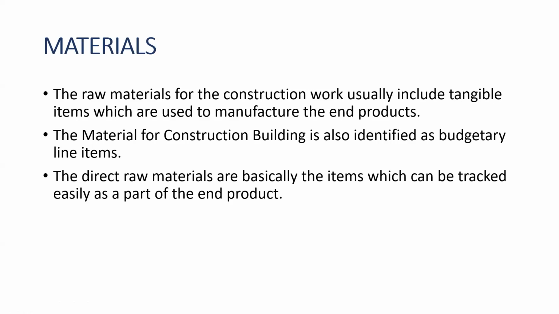These tangible items, the raw materials, are used to manufacture the end product. If you are using any tangible item to manufacture an end product, we call it a material. That is one definition for materials.